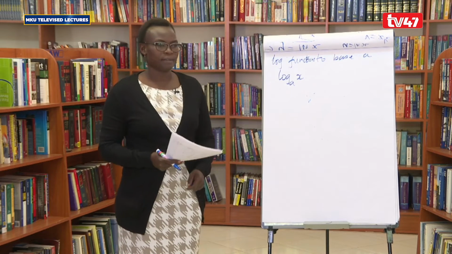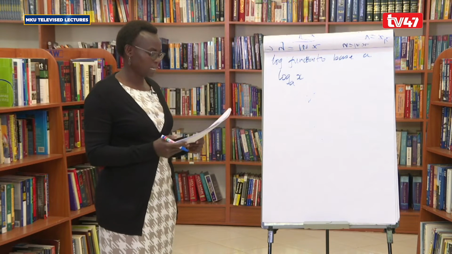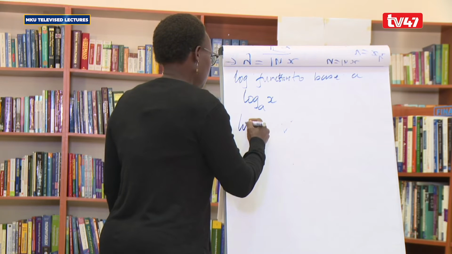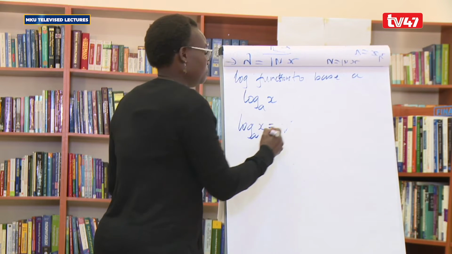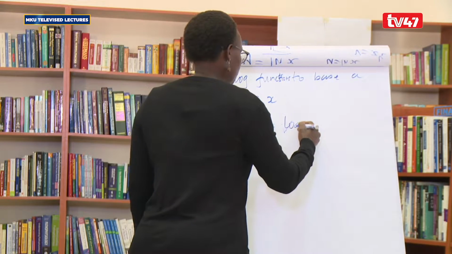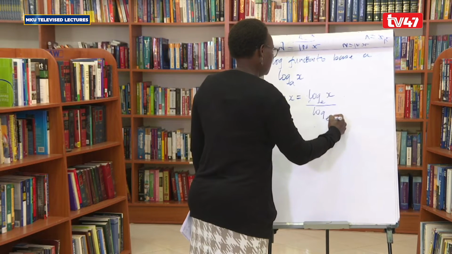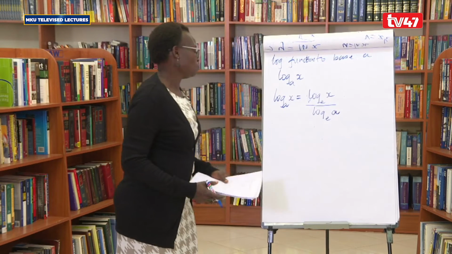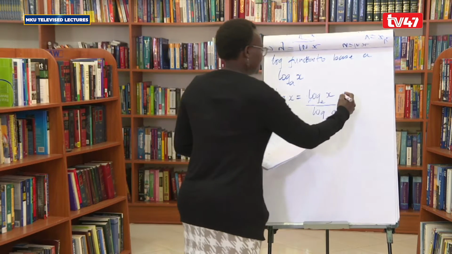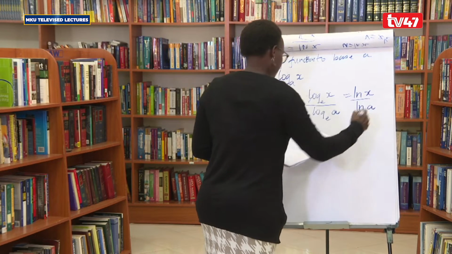So a here comprises all those other bases, the common log, that is to base 10, and all the rest. So log to base a of x can be expressed in terms of log to base e. This would give us log to base e of x over log to base e of a. So we can write this now as ln x over ln a.